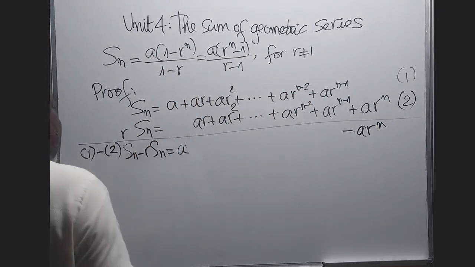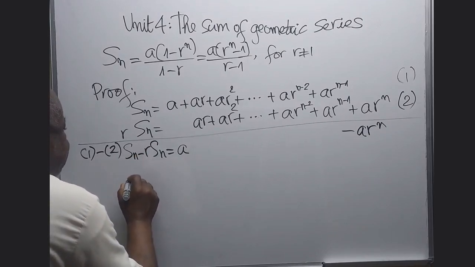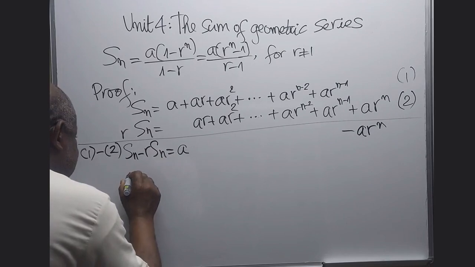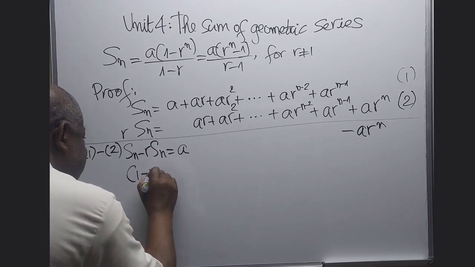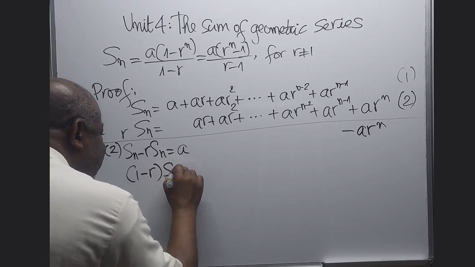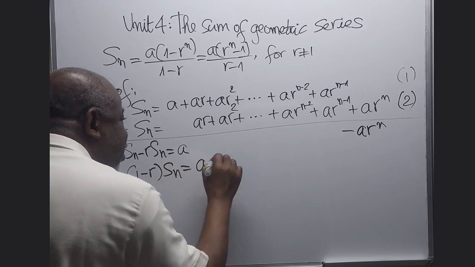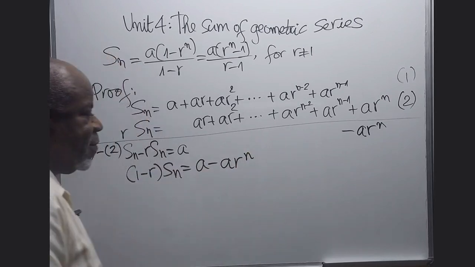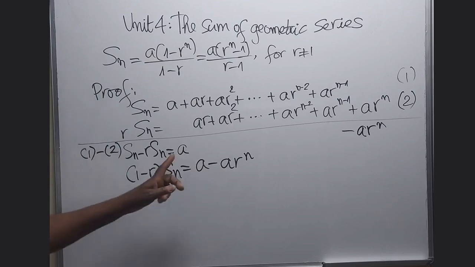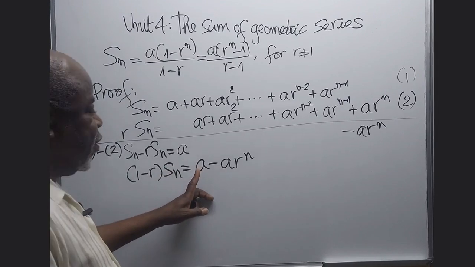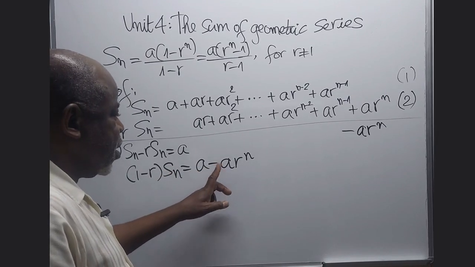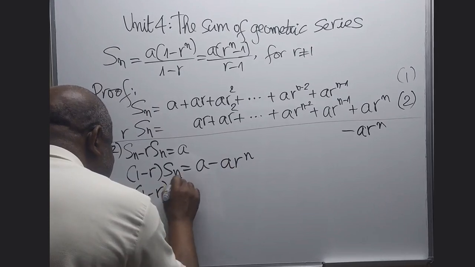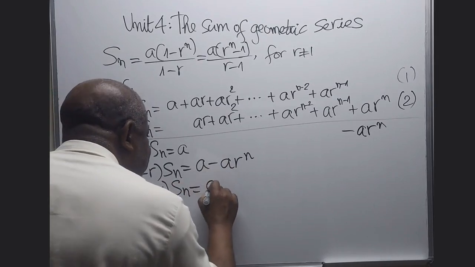So I'm going to factorize Sn being a common factor. So I'll have (1 minus r) times Sn, which will be equal to a minus a times r to the power of n. On the other side, we have (1 minus r) times Sn, and a will also be factorized here.